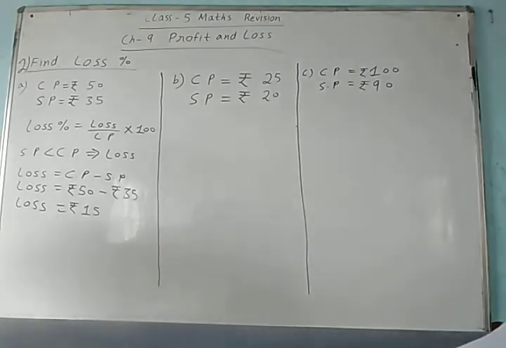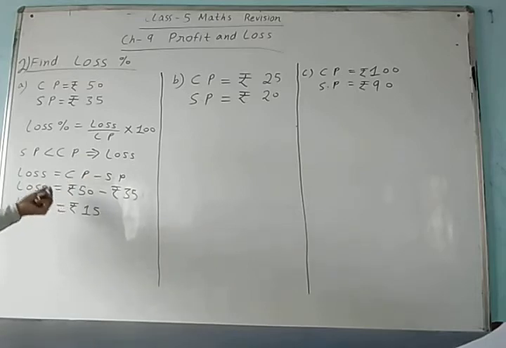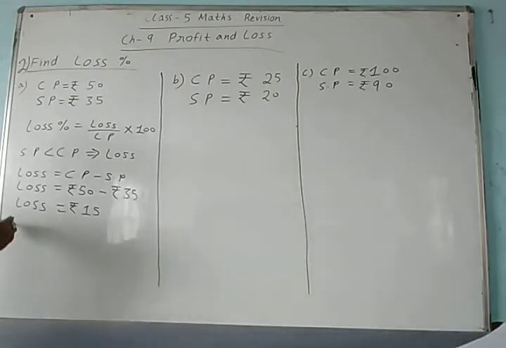Once again, when cost price is greater than selling price, then it is loss. We find loss by subtracting selling price from the cost price. Loss is equal to rupees 15.